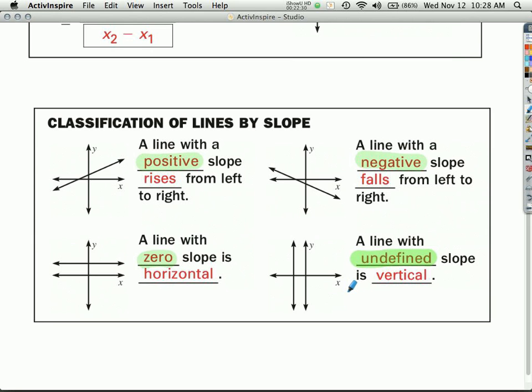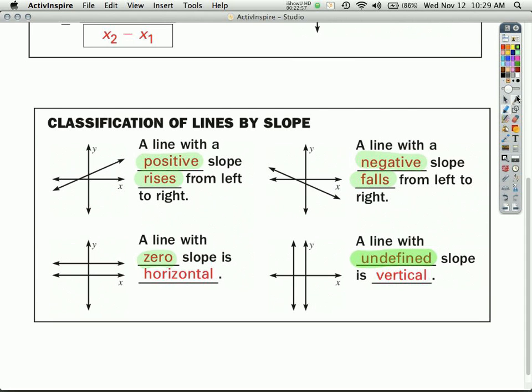It might have been a good idea last time, but that's okay, to address the idea of positive and negative. And it's quite simple. If the line is angling up and to the right, if it rises up and to the right, it's positive. If it falls from the left to the right, then it's called negative slope. And so it can be a whole bunch of different possibilities.